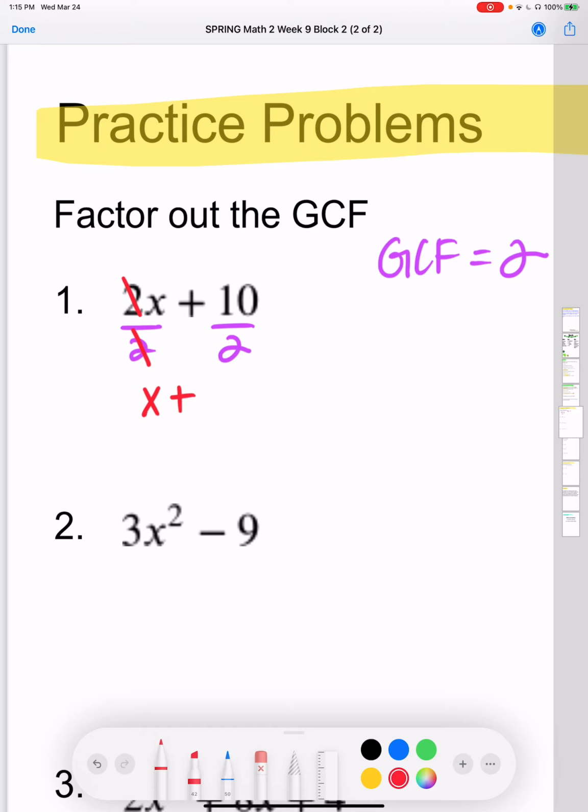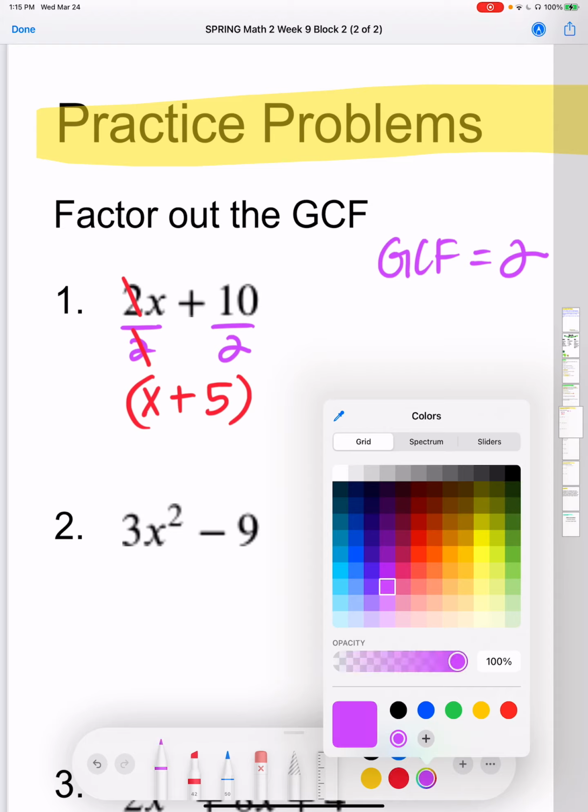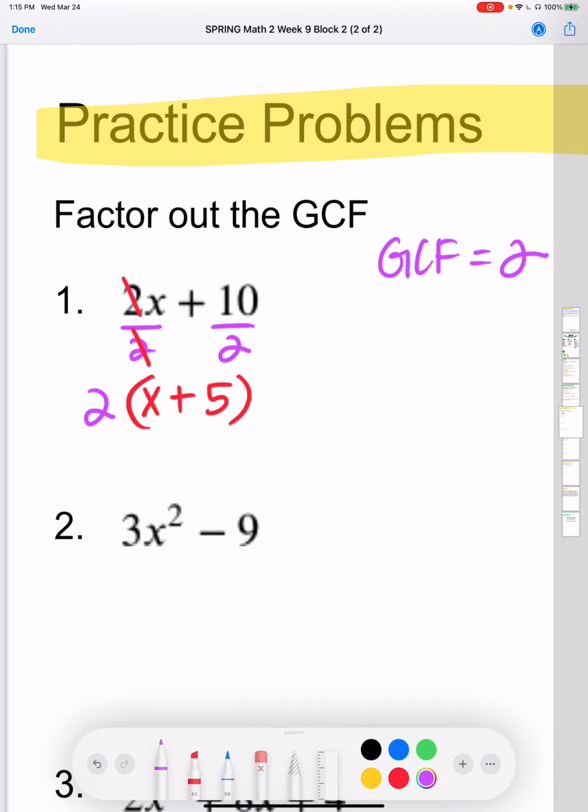Keep your sign. 10 divided by 2 gives you 5. You want to put that in parentheses and put your GCF on the outside. It does not disappear. This is not an equation. It doesn't go away. So your answer is 2 times x plus 5, the factored version with your GCF on the outside. Again, your GCF always goes on the outside.